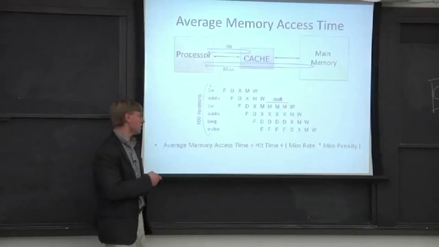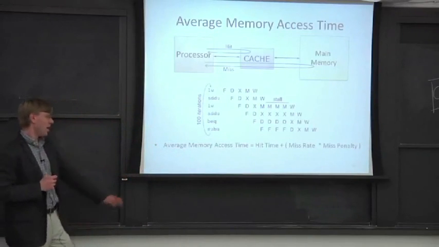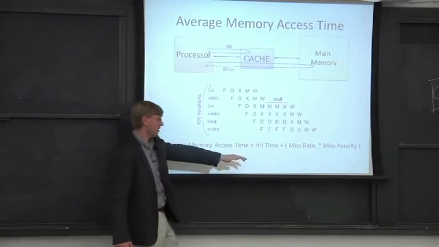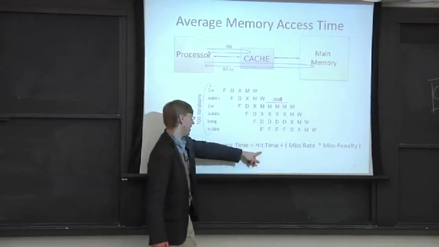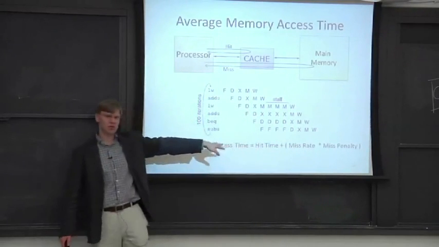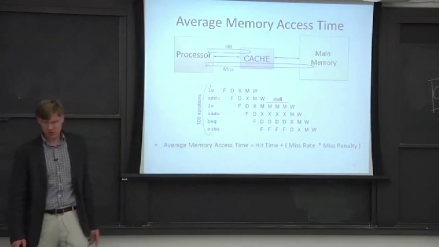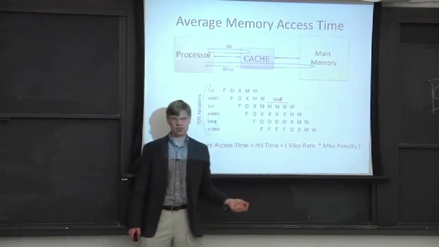So if we go back to this average memory latency equation, we take the miss rate times the miss penalty plus the hit time, how long it takes to actually look stuff up and find something in our cache in the first place. Well, if we can reduce the hit time, that's good.